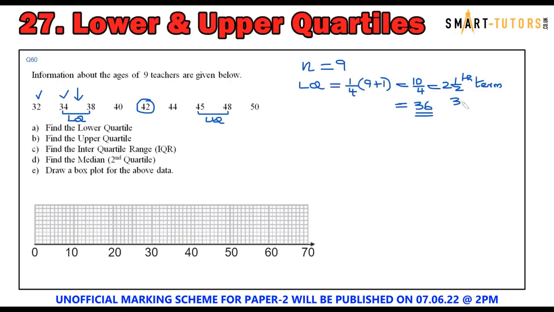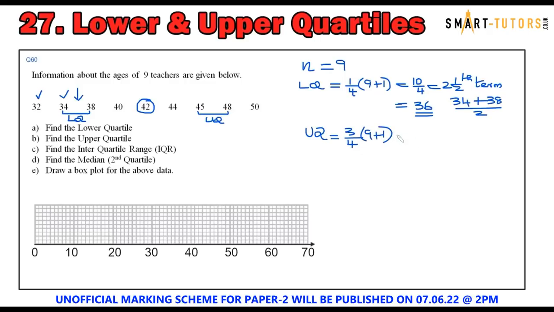I will show the working out here: 34 plus 38 divided by 2. I'm just getting the middle value, 36. So for the upper quartile, the same pattern, 3/4 of n plus 1.